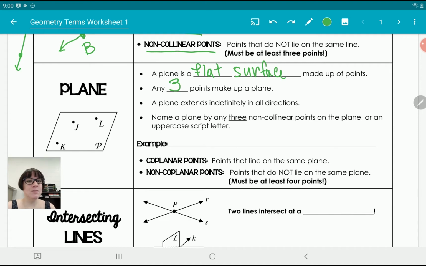We name planes by any 3 points that are not on the same line, so 3 non-collinear points. Or sometimes we can use an uppercase script letter. So a lowercase script letter is a line, and an uppercase script letter is a plane. So for example here, we have K, J, and L. We have 3 points that are not on a line, so we can label it plane KJL.